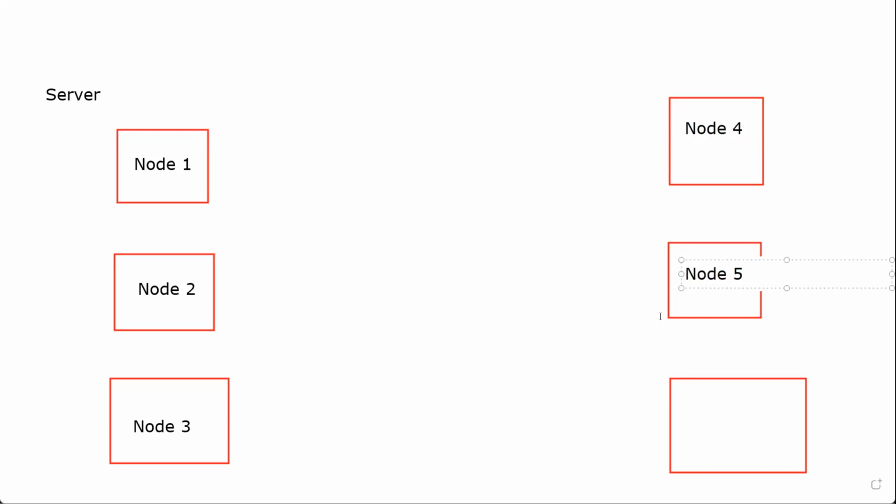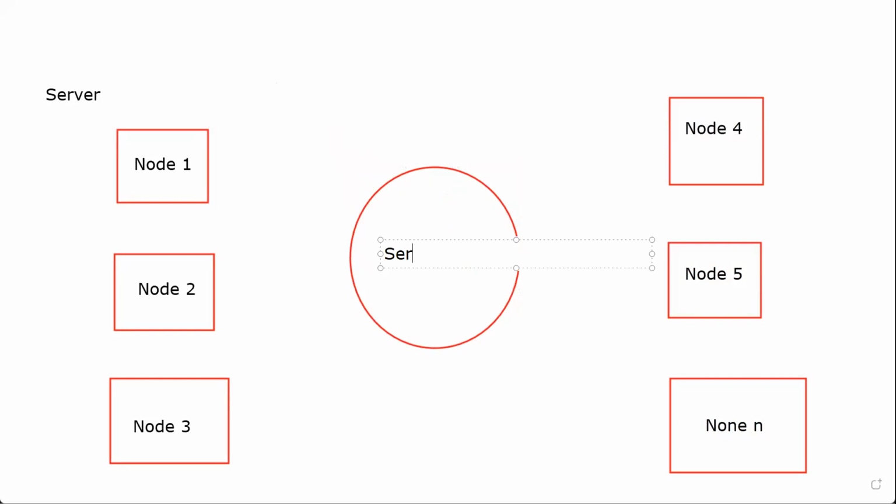Node 5, or you can say this is node n. All the nodes, which can share data and information, are connected with the centrally located computer, which is called the server. So you can see this is the server.